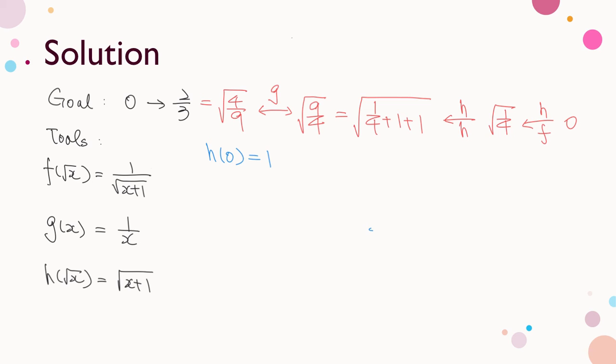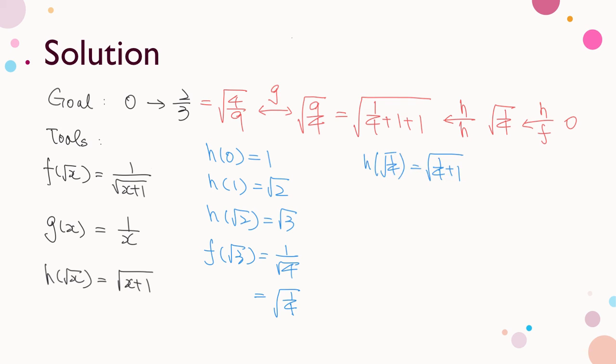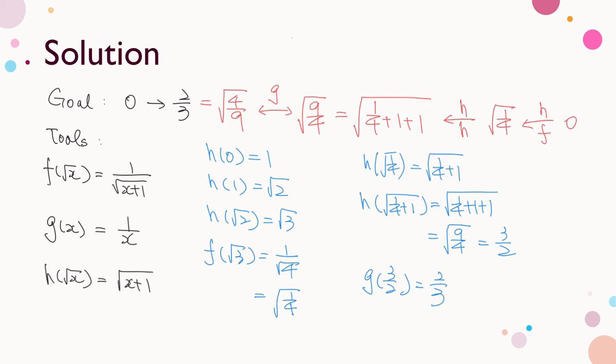Apply h again and have root 2. Apply h the third time and have root 3. Apply f and get root of 1 over 4. Apply h. Apply h one more time, that is 3 over 2. Take the reciprocal by g and yield 2 over 3 as required.